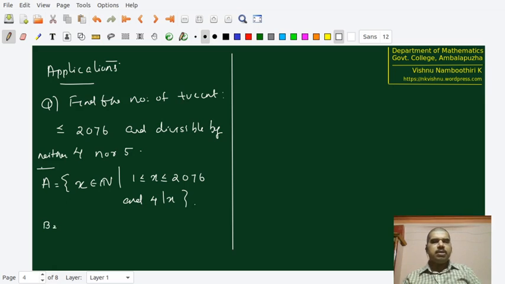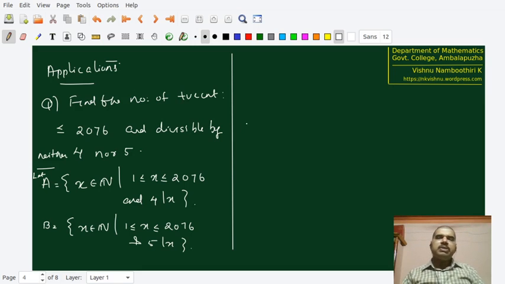Similarly, let B be the set of x in N such that 1 ≤ x ≤ 2076 and 5 divides x. And how many numbers are there up to 2076? Definitely 2076 numbers.